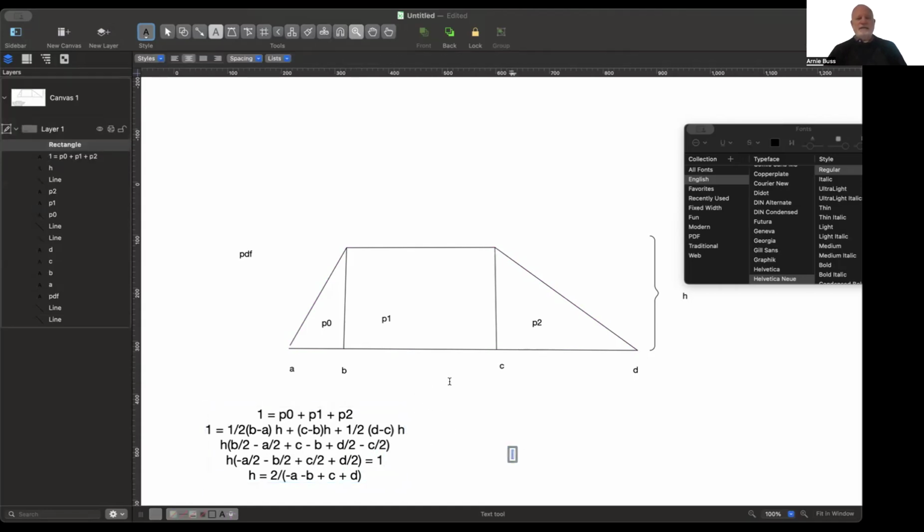And so, by the way, then my P1 is going to be b minus a times the height, which is 2 over minus a minus b plus c plus d, etc. And the 2's actually cancel out, so I get b minus a over this.